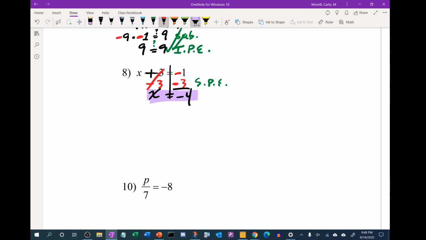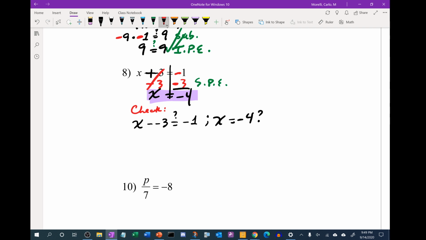Let's check it. Here's my question. Does x minus negative 3 equal negative 1, where x equals negative 4? Is this true?